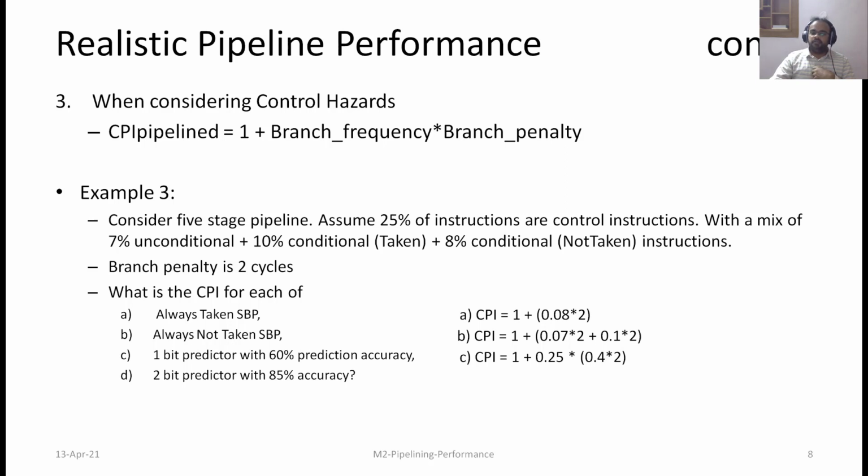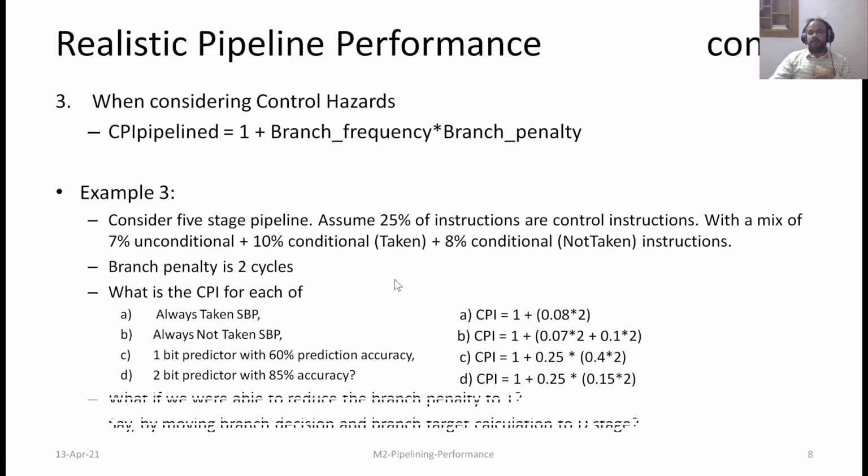So the CPI would be 1 plus 0.25, because 25% of instructions are branches, times 0.4 times 2. The same thing for the 2-bit predictor: it would be 1 plus 0.25 times 0.15 times 2, because the accuracy of this 2-bit predictor is 85%. So only the remaining 15% of branches would see 2 cycles delay. So this is how we would calculate the CPI.